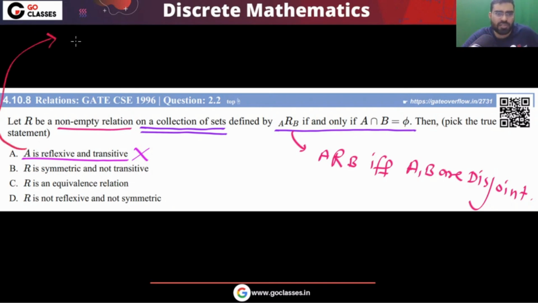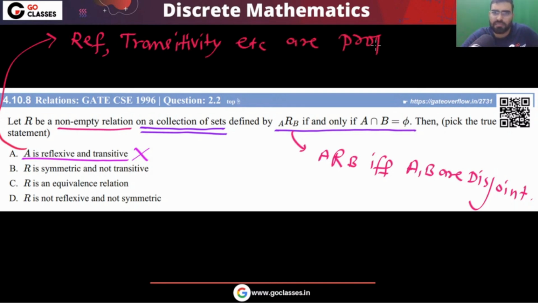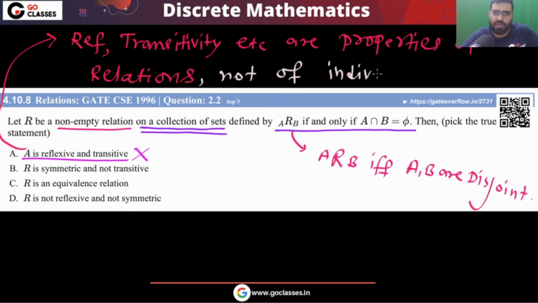Remember, reflexivity, transitivity, etc., these are properties of relations, not of individual elements.